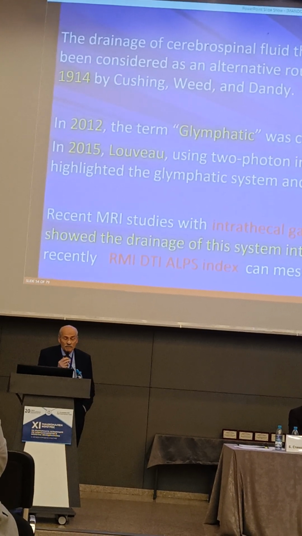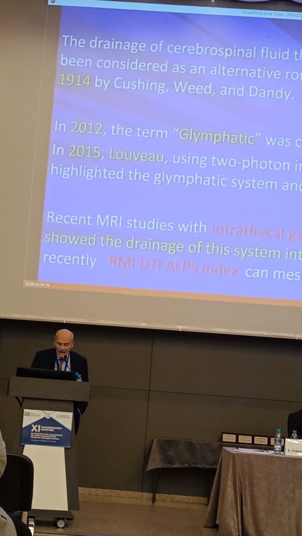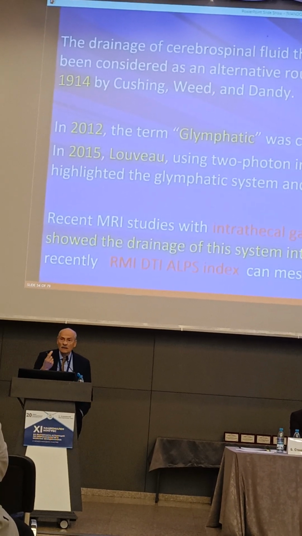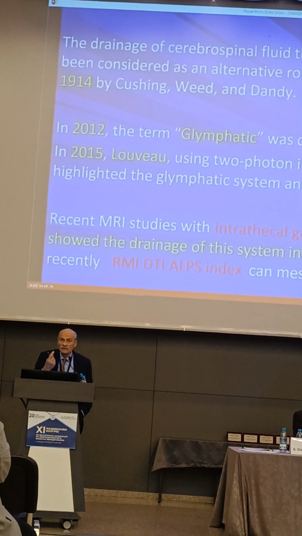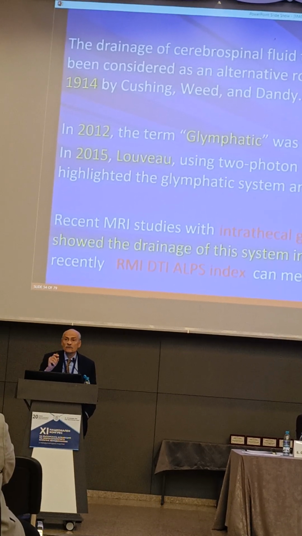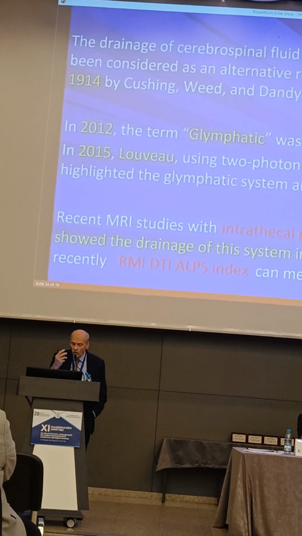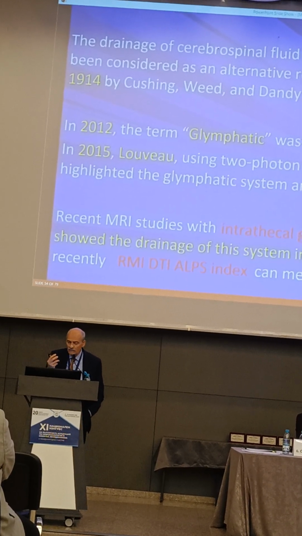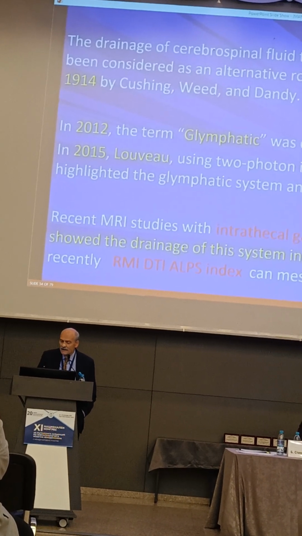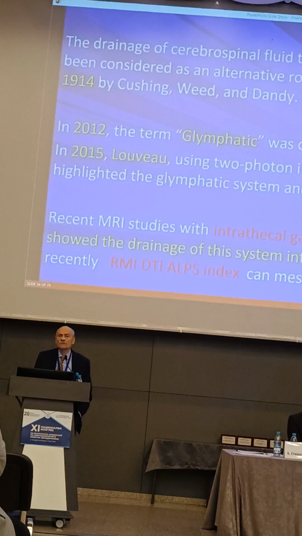Recently, this is very important, there is a Nordic study with an MRI, intrathecal gadobutrol contrast. They put the contrast gadobutrol in the liver only in this study. This shows the drainage of this system and the cerebrospinal fluid into the head and neck lymph nodes.